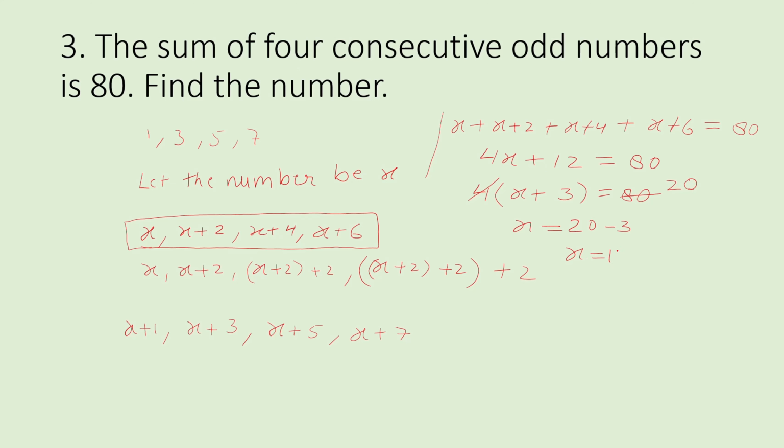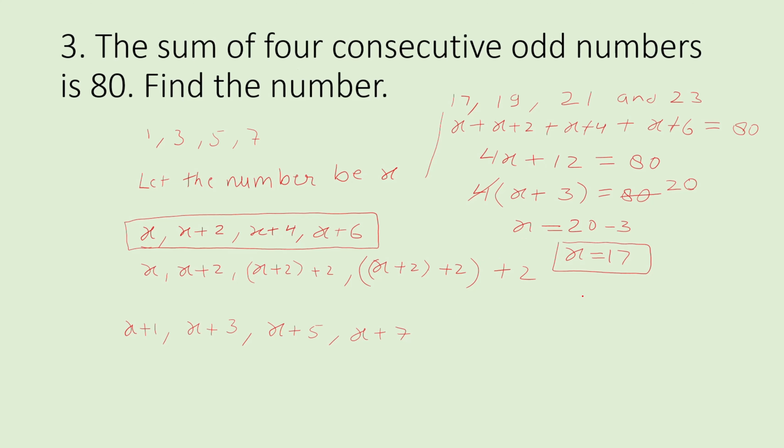Therefore, x is equal to 17, right? Means the number is 17, and the next number is 19. Next, 21. And the last, 23. Right?